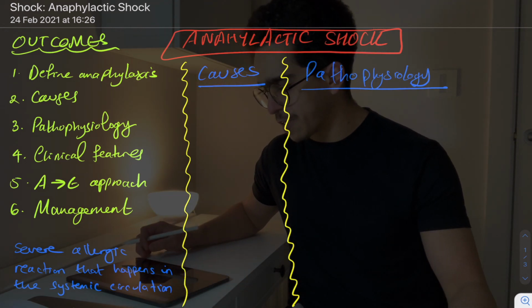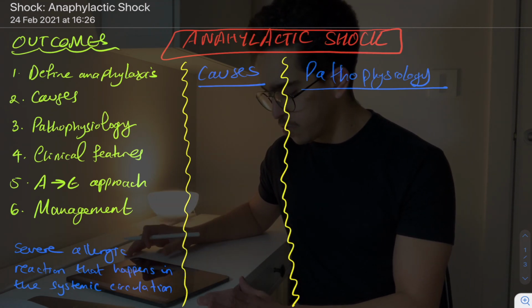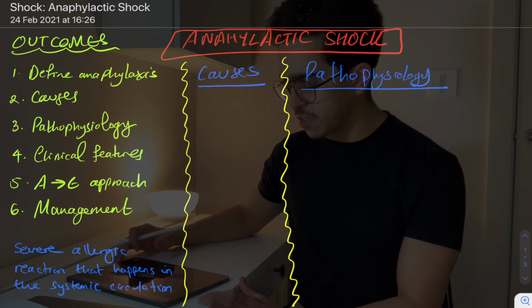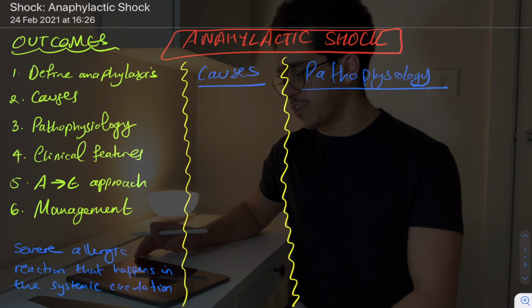So what is shock exactly? Shock is hypotension with end organ damage. So there's a severe allergic reaction that happens in the systemic circulation that causes shock, that causes hypotension and end organ damage.